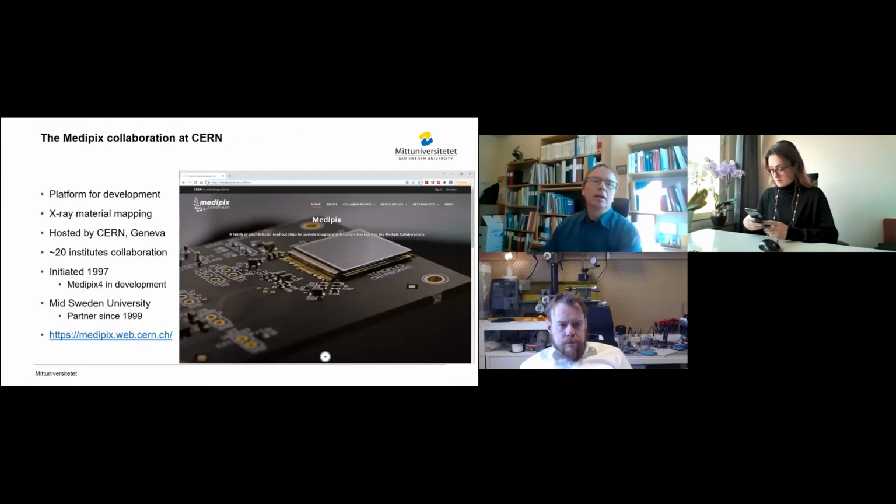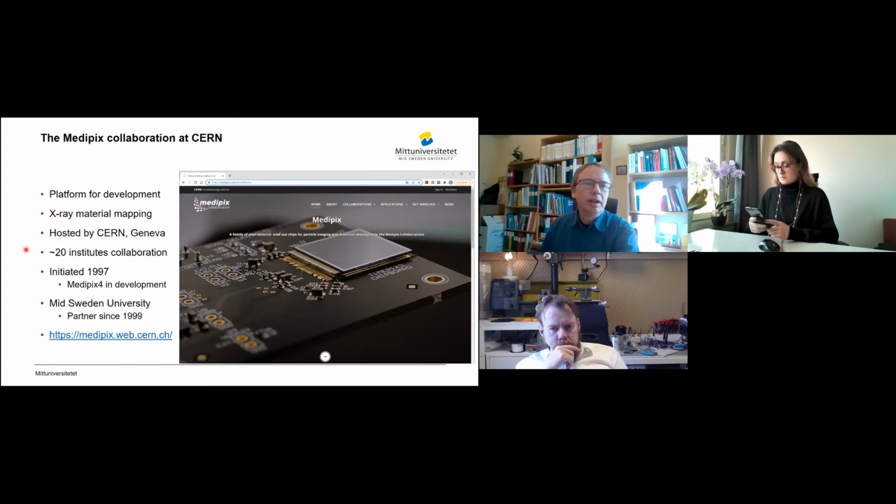If I mention this collaboration, the Medipix Collaboration is a platform for detector development, for the application of X-ray material mapping. It's hosted by CERN, which I assume you are aware of, the biggest international physics lab.